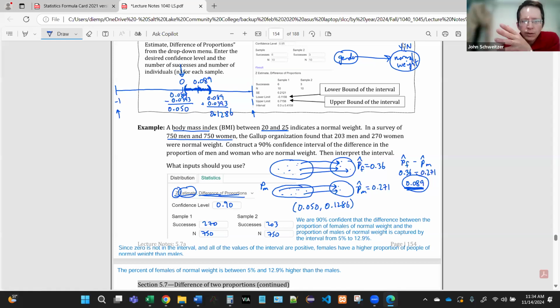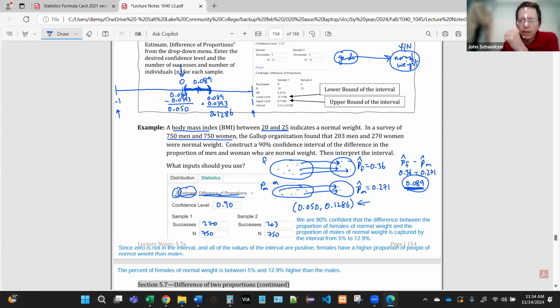The way we do that is we take a sample from two different populations. We had the population of females and we had the population of males. So we took a sample from both and we compared the proportion between the two populations, and we built a confidence interval to do that.